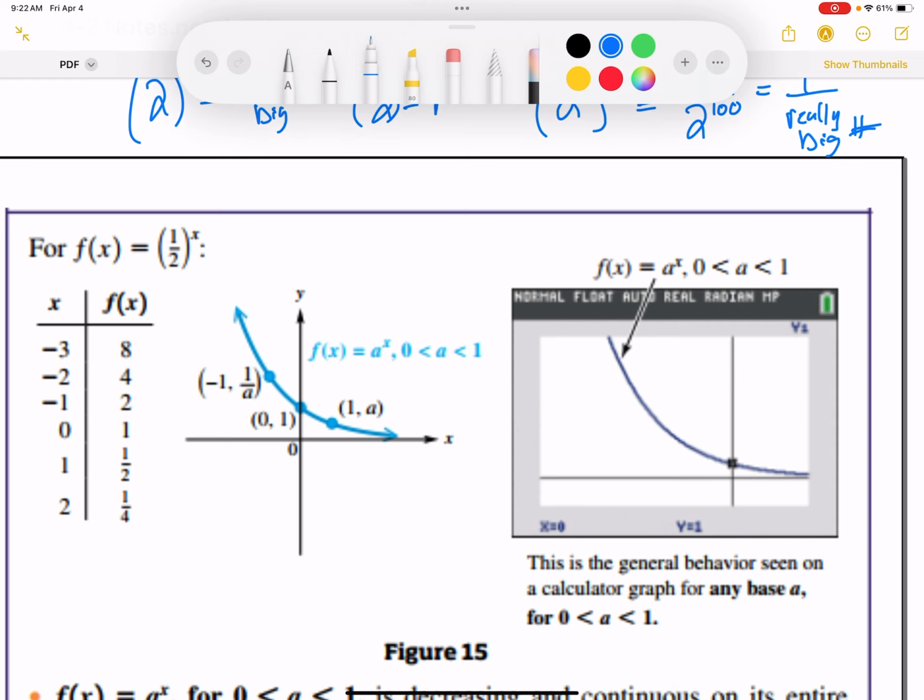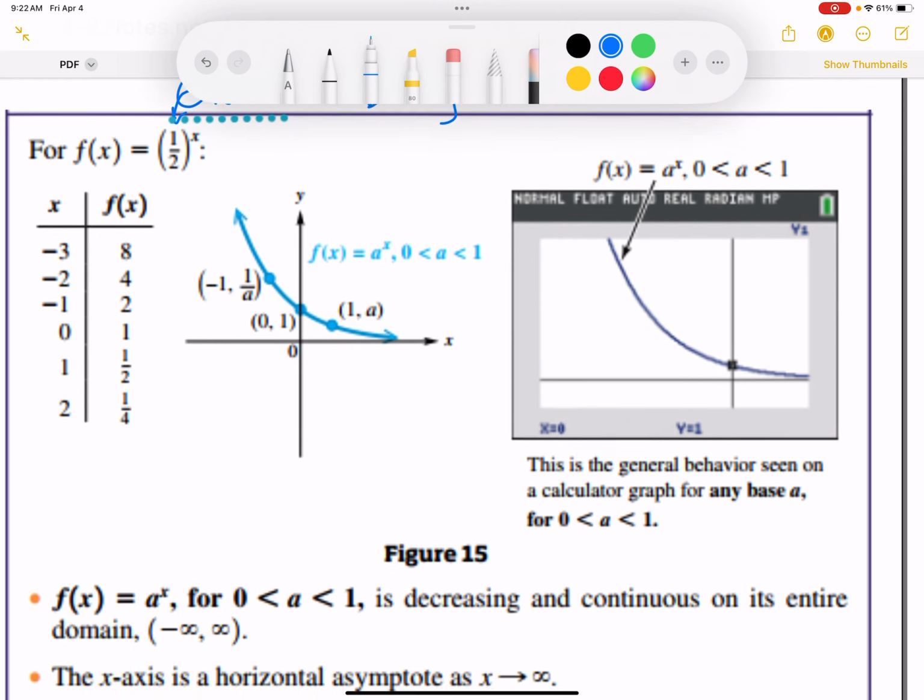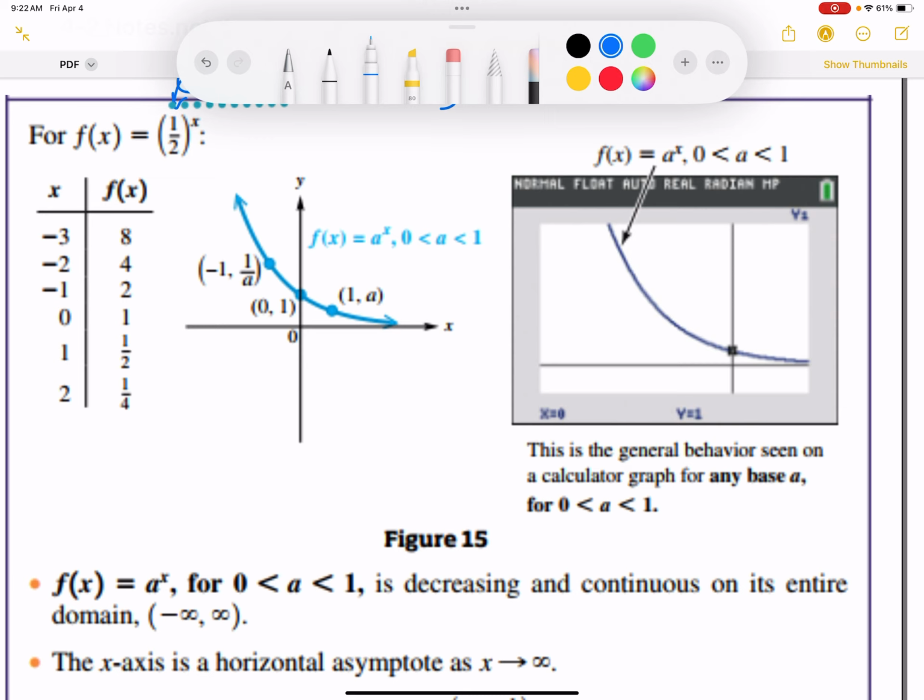All right, now we have, here, a is less than 1, but it's greater than 0, right? So this is decay. This is the decay model. It's decreasing over time. And you see these points that pop up, and you see, it still has a horizontal asymptote at y equals 0.